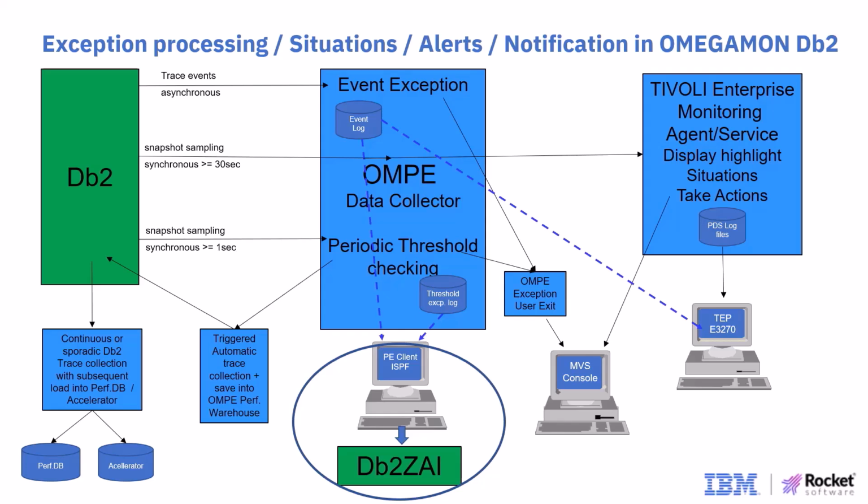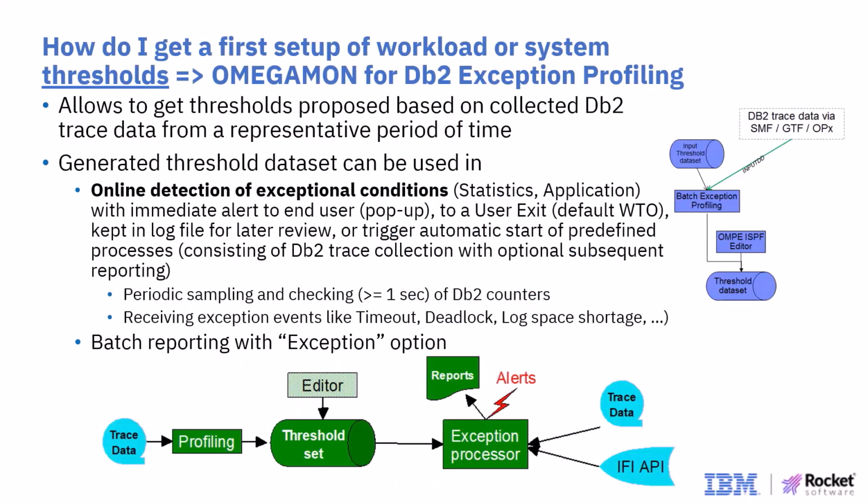There are often the questions how to define reasonable threshold values, for example for early warning or for detection of critical problems. OMPE can help here too. OMPE also has a program which allows you to find the first setup of thresholds before you go on to improve those threshold values using recommendations from the Db2 CAI.